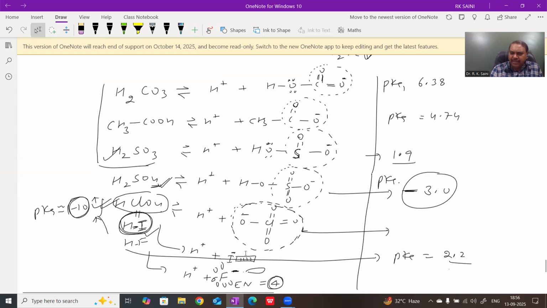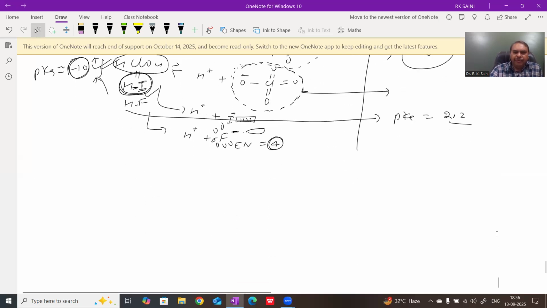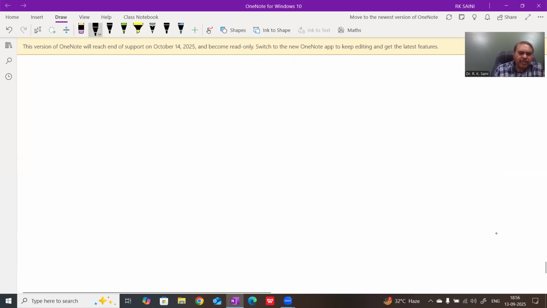Now we consider another example of organic acids. For example, we consider phenol and carbonic acid, H2CO3. The phenate ion has unsynchronized resonance because during resonance its negative charge disperses at the carbon.